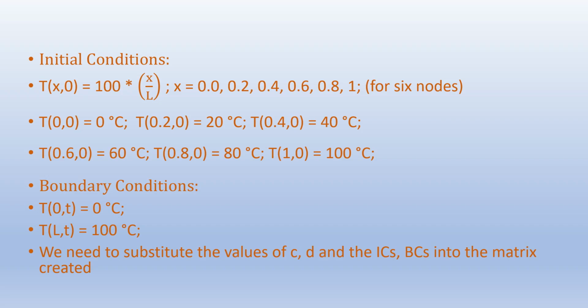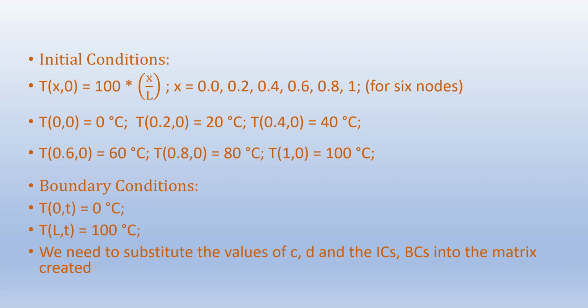The initial conditions are known and given as T(x, 0) equals 100 times x over L for the various x values for the six different nodes. Also, we know the boundary conditions T(0, t) and T(L, t) for all times.